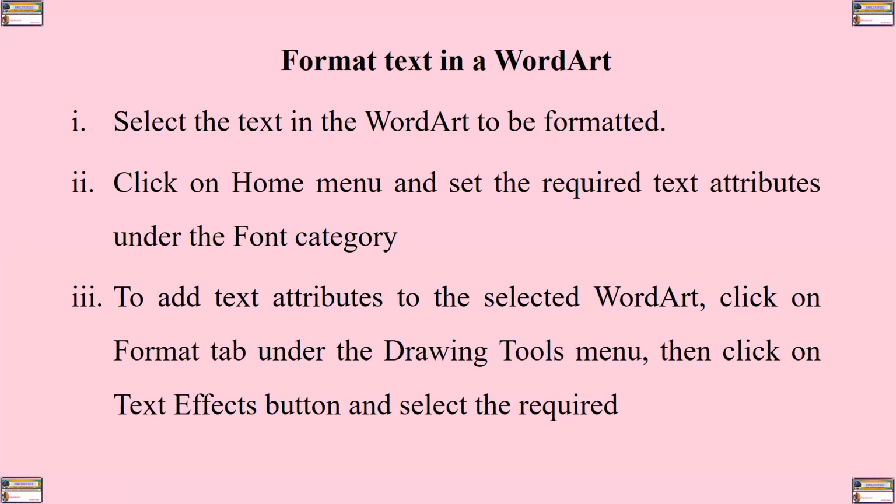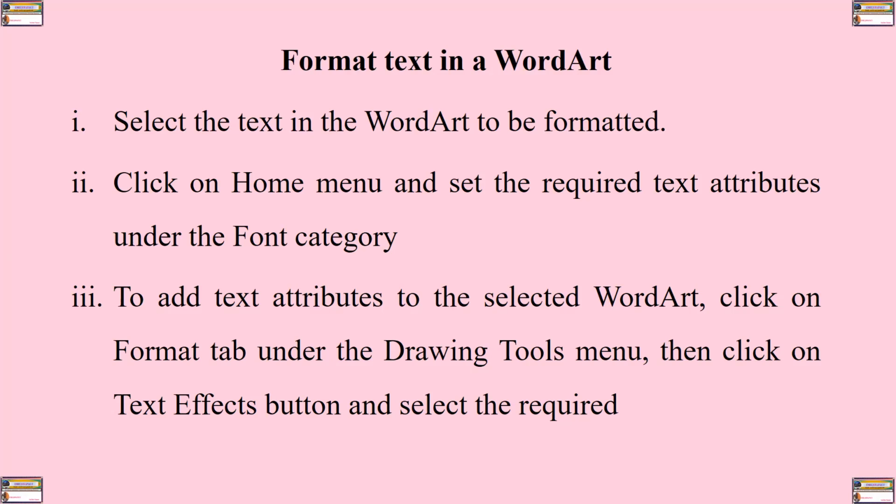To add text attributes to the selected WordArt, you can click on Format tab under the Drawing Tools menu, then click on Text Effects button and select the required attributes.